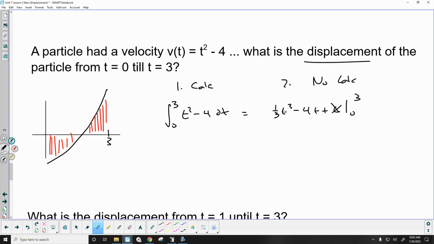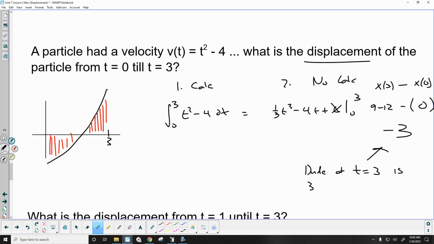I get 9 minus 12, that's x of 3, minus, plug in 0, you get 0. I get negative 3. I just got that by hand, which means my dude at t equals 3 is 3 to the left of where he started at t equals 0.